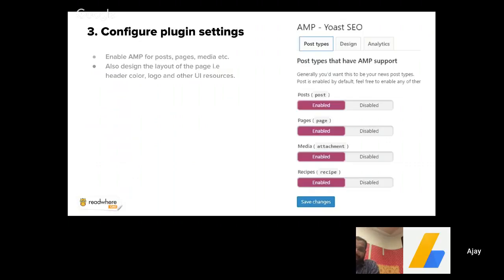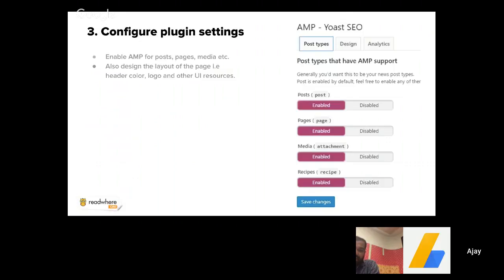Now it becomes very important to configure the plugins we have added and configure our AMP pages as well. As we already discussed, for the Yoast SEO AMP plugin which we have installed, you can see on the right-hand side there's a screen available. From here you can configure the plugin.